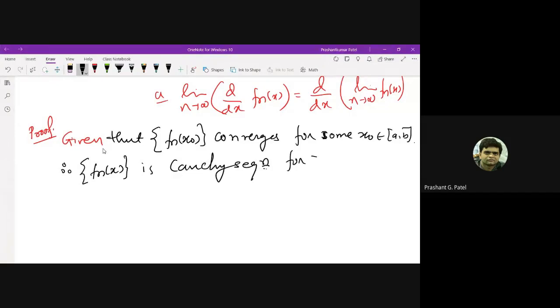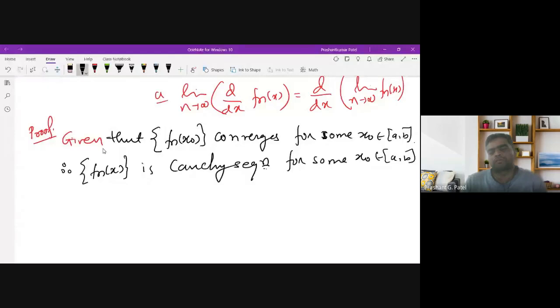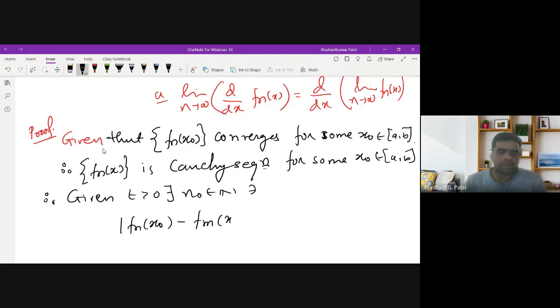So the sequence is Cauchy for some fixed x0 belongs to AB. As per the definition of Cauchy sequence, given epsilon greater than 0, there exists n0 belongs to N such that mod of fn x0 minus fm x0 is less than epsilon for every n and m greater than or equal to n0. We call this inequality 1.